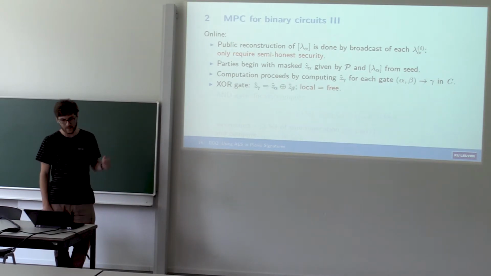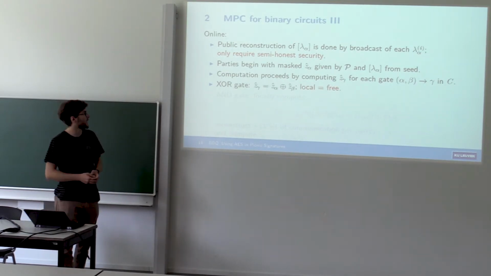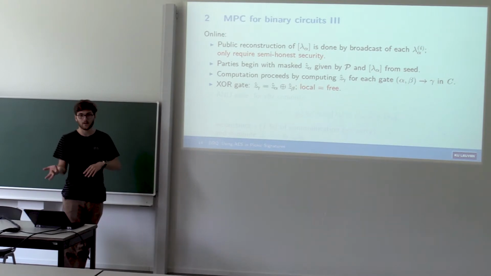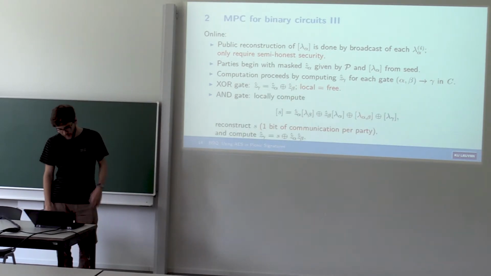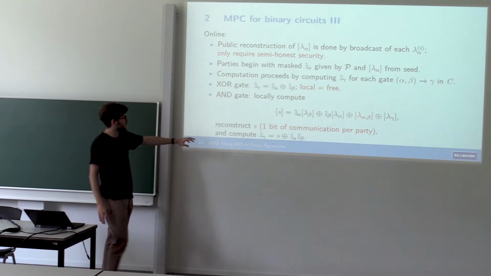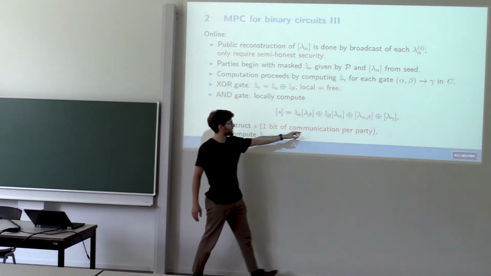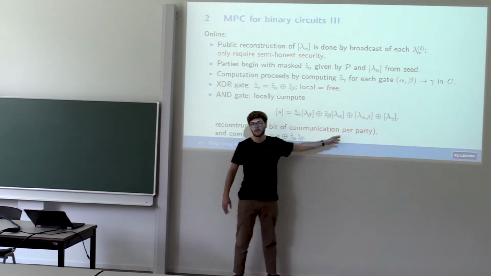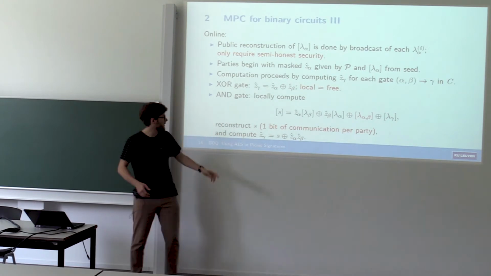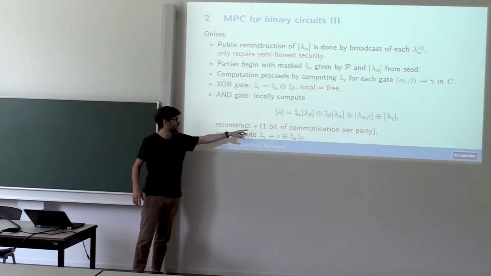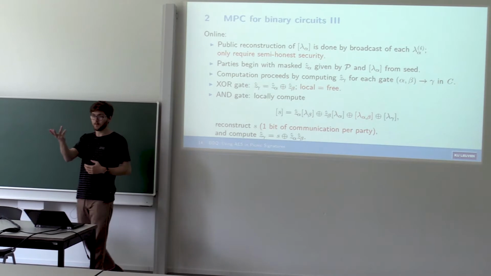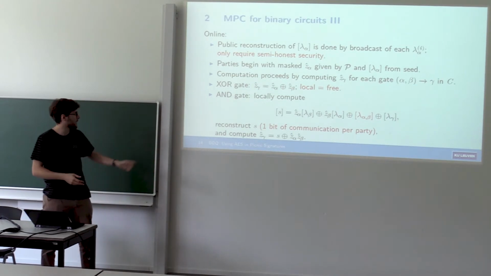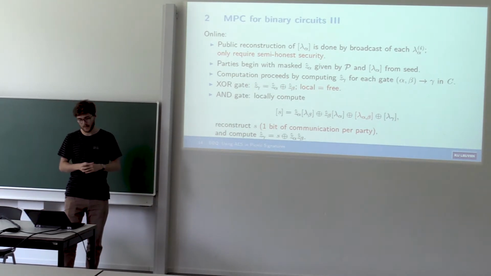For an XOR gate, again, it's local and free. You just XOR the two values and you get the result. But for the AND gate, you have to compute this value S, which requires this lambda alpha beta value that we pre-processed. And then they can open S, which means every party has to show 1 bit, and then they can recompute the output of the AND gate.